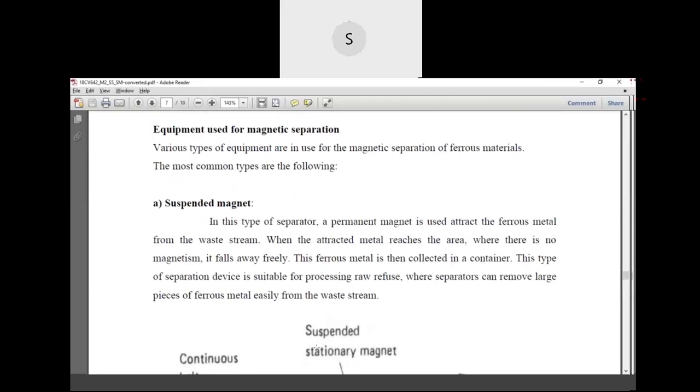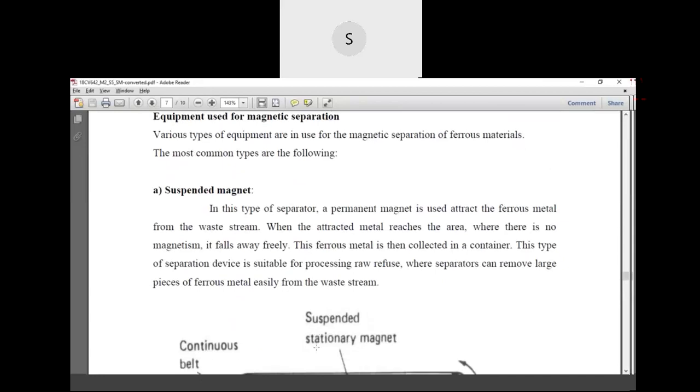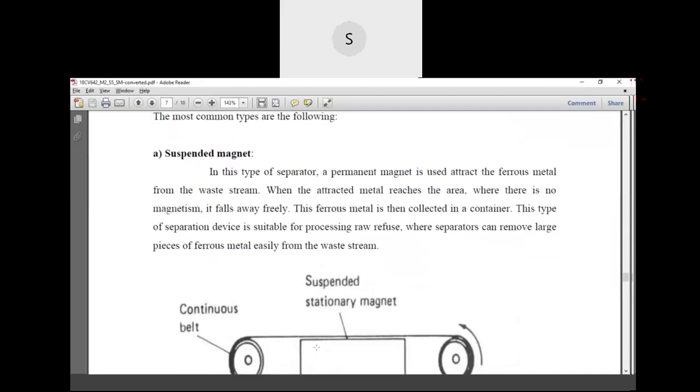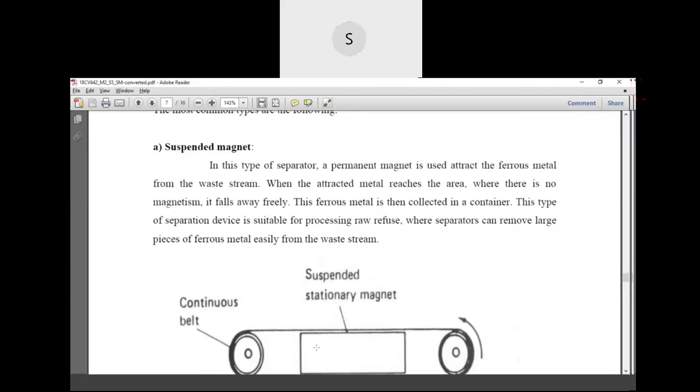When the attracted metal reaches the area where there is no magnetism, it falls away freely, and hence this ferrous metal is often collected in a container. This type of separation device is suitable for processing raw refuse, where the separators can easily remove large pieces of ferrous metal from the waste stream.